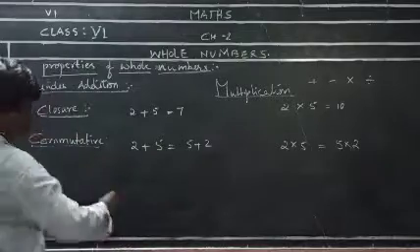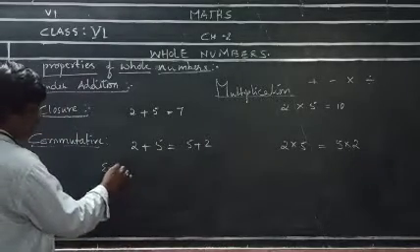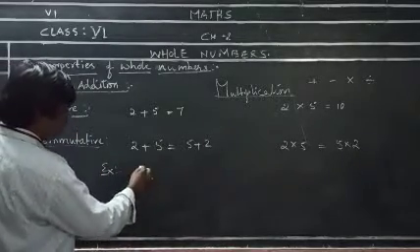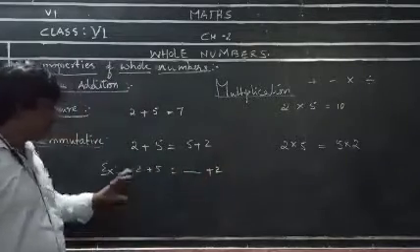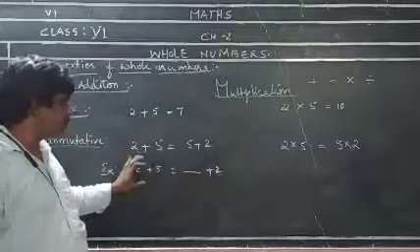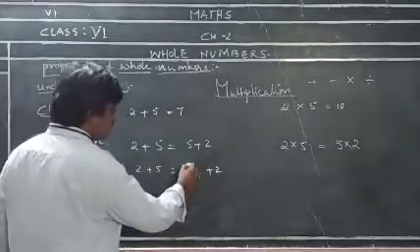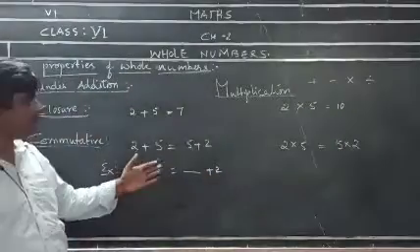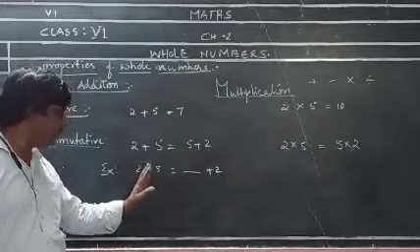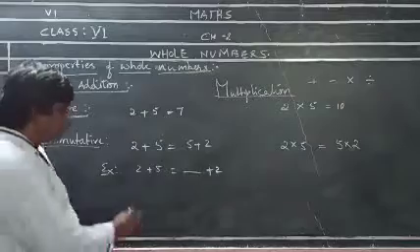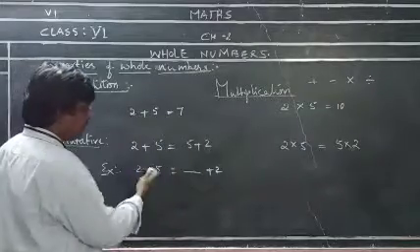In the textbook or in the exam, you will get 2 plus 5 is equal to dash plus 2. So it is clearly satisfying the commutative property. The commutative property works by interchanging the numbers. So here 2 plus 5, what is the interchange?